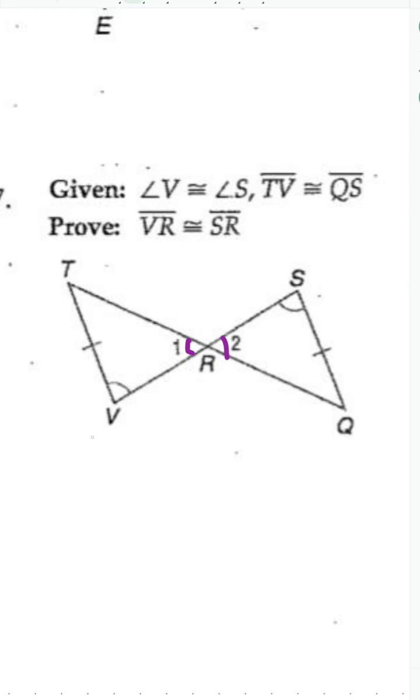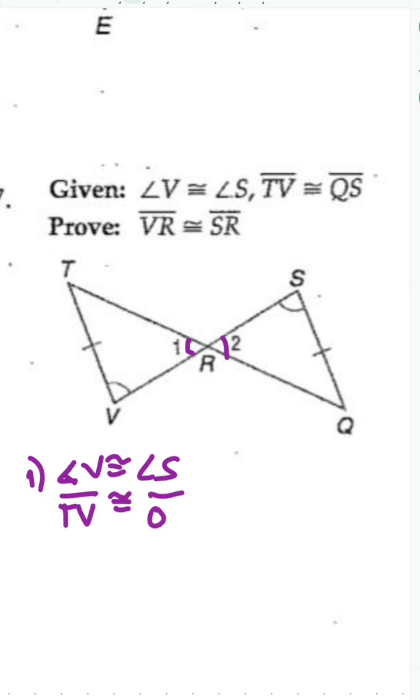We can write here angle V is congruent to angle S, then side TV is congruent to side QS. These are given. Then what else is given? Those are the only ones given, right?